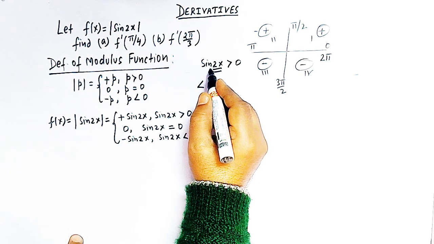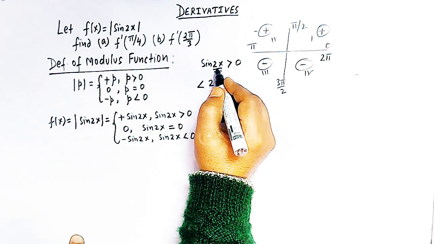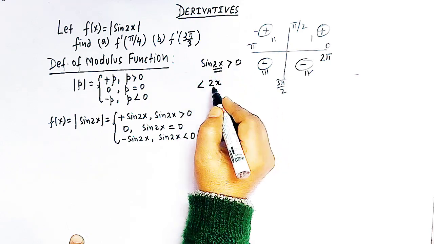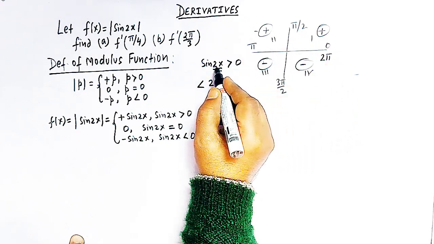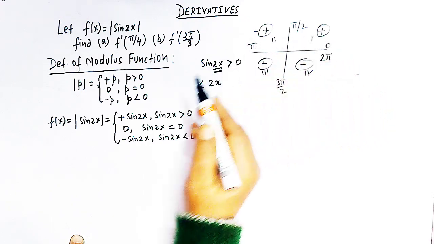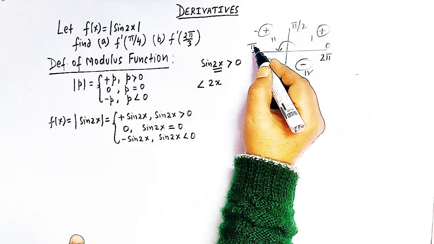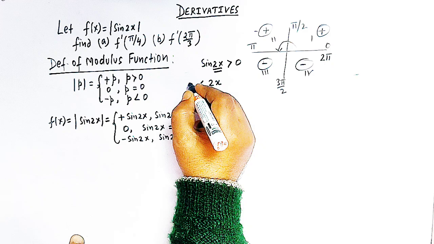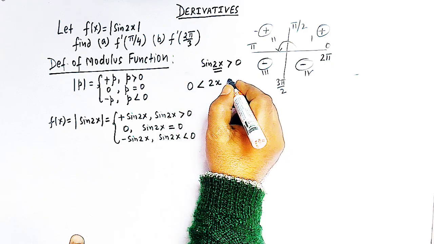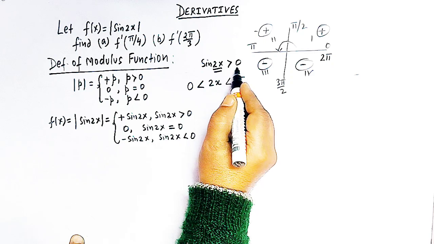Now sine 2x greater than 0 implies that sine 2x should be positive, and this happens only when 2x lies either in the first quadrant or in the second quadrant. So we go from 0 to pi. When 2x is greater than 0 but less than pi, then sine 2x is greater than 0.